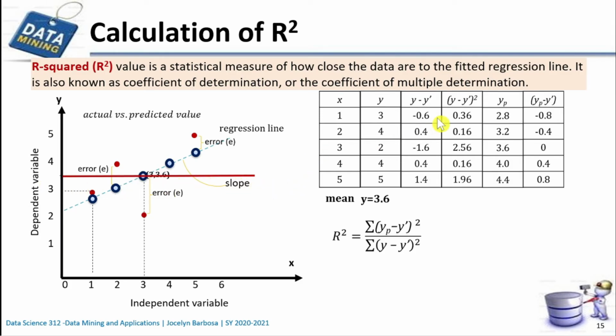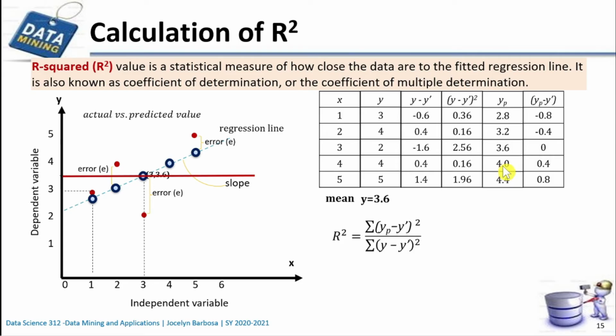That is getting the distance from this yp, that is 2.8, this guy here, minus the y prime, or the average, or the mean that we can get, that is 2.8 minus 3.6, we have negative 0.8, 3.2 minus 3.6 is negative 0.4, 3.6 here as our predicted value, minus our mean value of y, that's 3.6, so we get 0 over here.